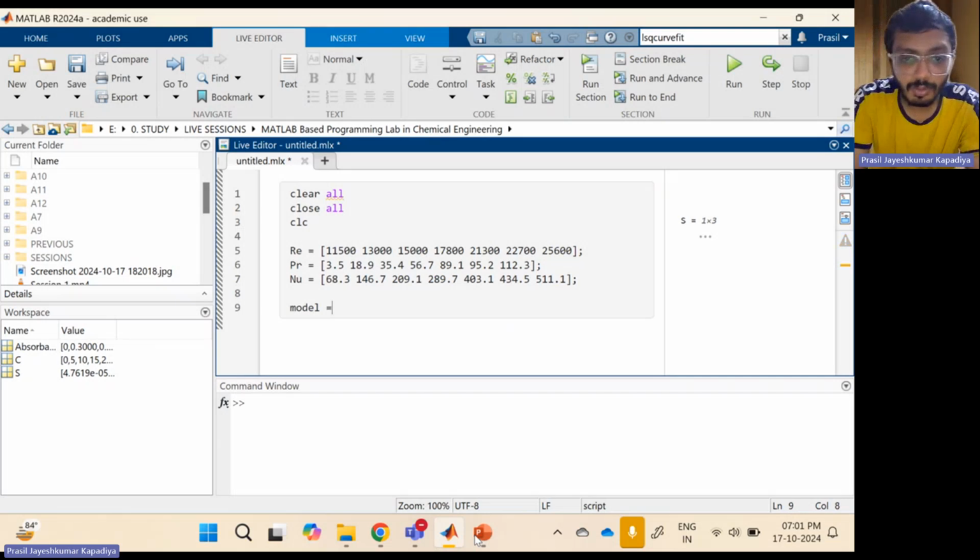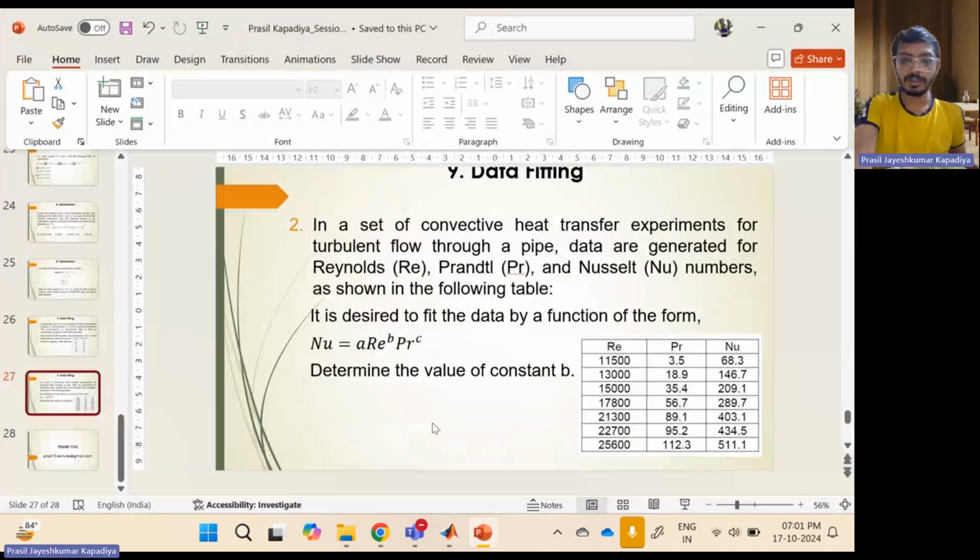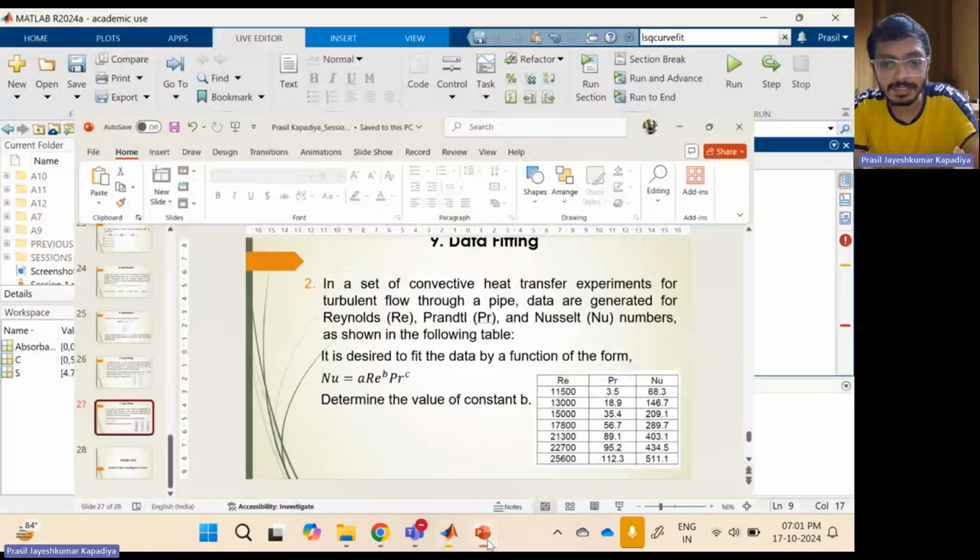So model is equal to, let's say I am writing C as my coefficient, C comma X meaning my data. Okay, so what is my equation? C of 1, A is my C of 1.